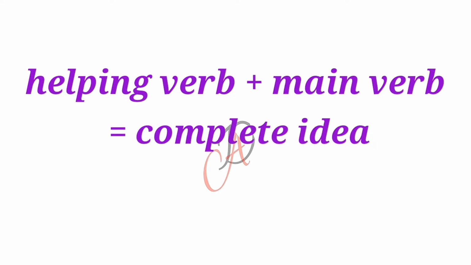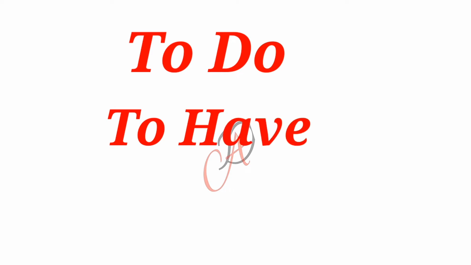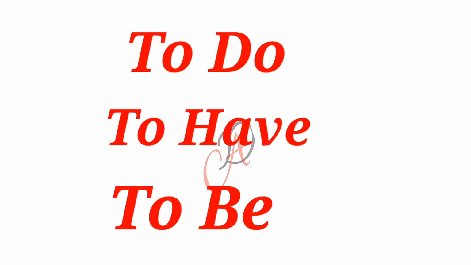Alright, helping verbs or primary verbs are classified into three categories. The first one, to do verbs, the second one, to have verbs, and the third one, the most important one, to be verbs. So let's break down each helping verb and learn in detail. And guys, trust me, after watching this video, you'll be easily able to use all the helping verbs.